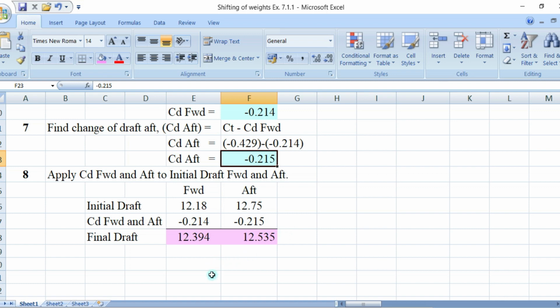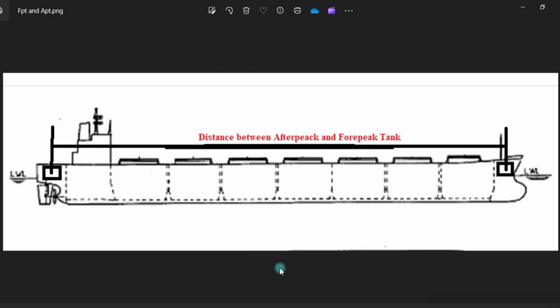Now take note, since you are putting 200 metric tons here at the Forepeak tank, you're going to sink because you're putting load here.